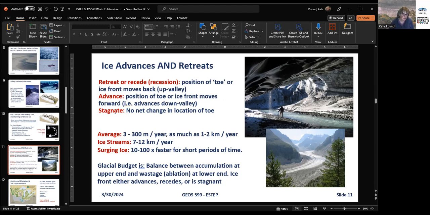And then there's the situation of stagnation, and that's just when there's no net change in the location of the toe.